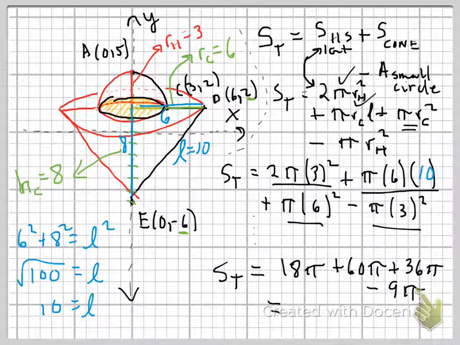And when you do all that, you get an exact surface area, although it didn't specify, of 105 pi, which is approximately 330 units squared.